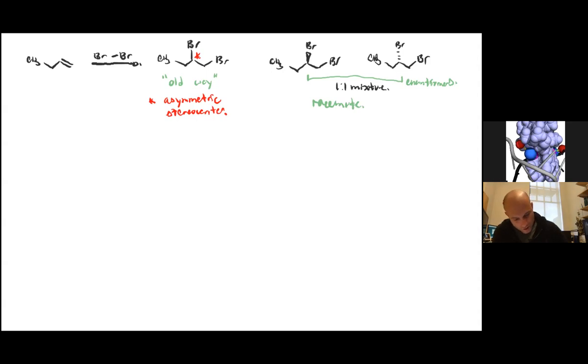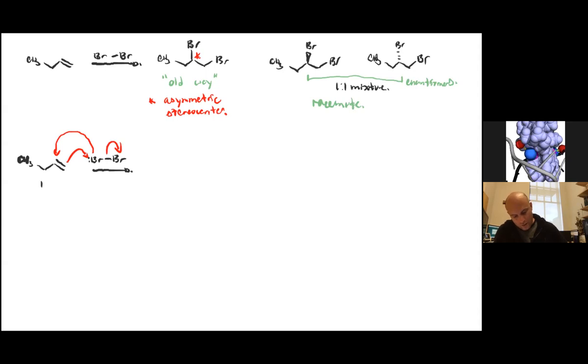So we think about this mechanistically. The first step is attack of the alkene onto the Br. You cleave the Br-Br bond, and then you bring in a pair of electrons back down.